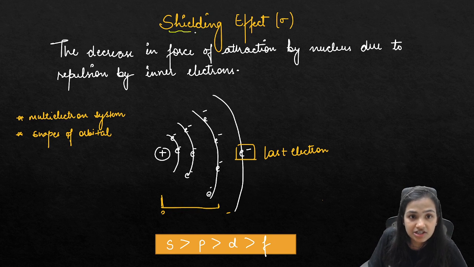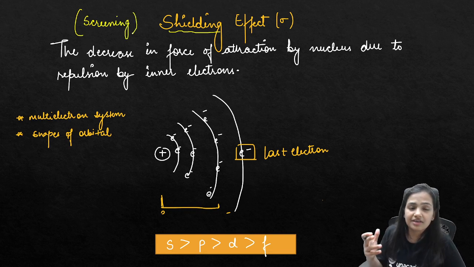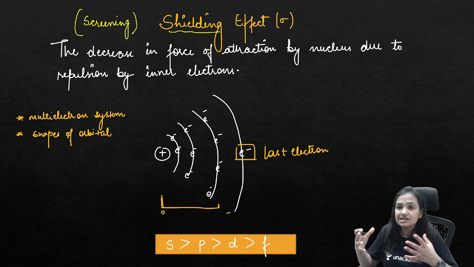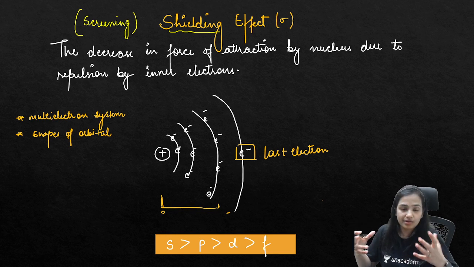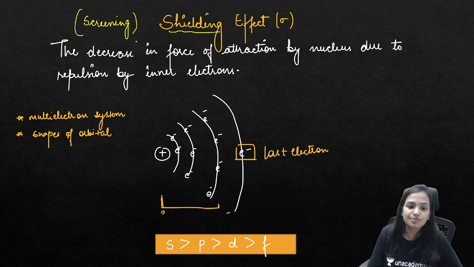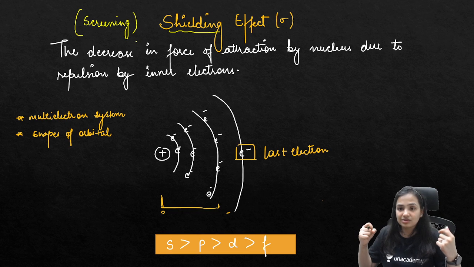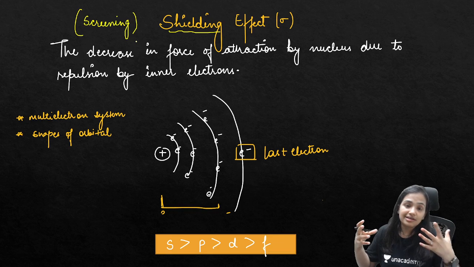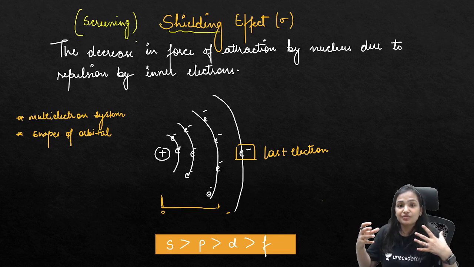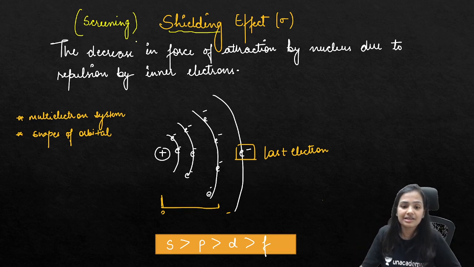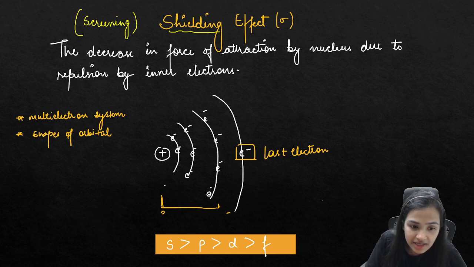Shielding effect. Shielding is also known as screening. So what do you mean by shielding? Shielding means protecting. Just like in the cozy winter days, your blanket acts as a protection from the heavy winters, here we have a blanket too.